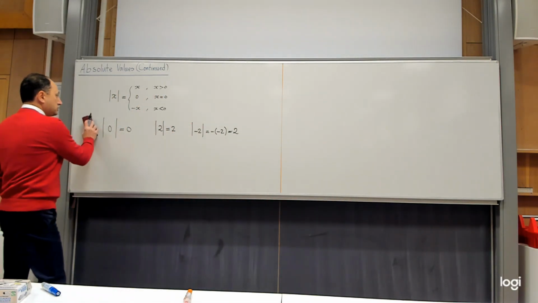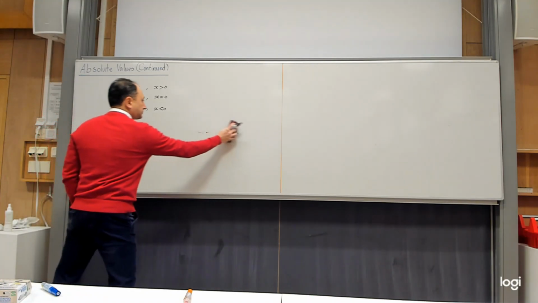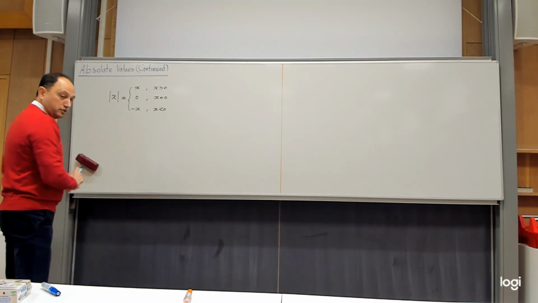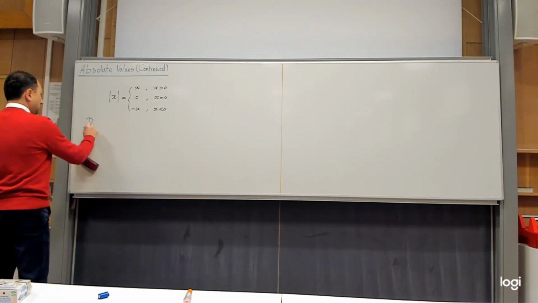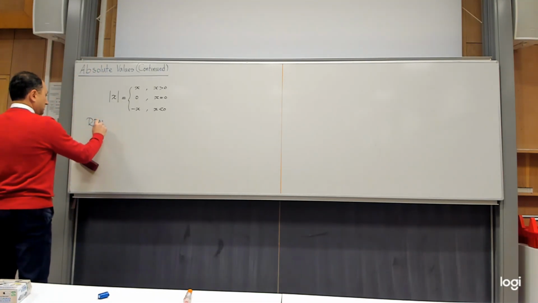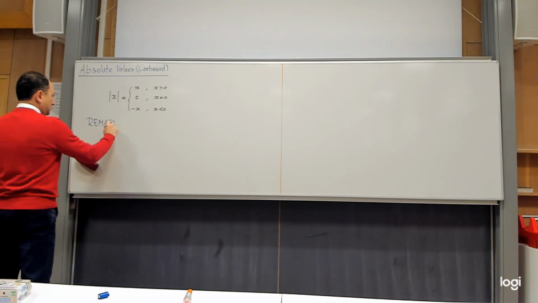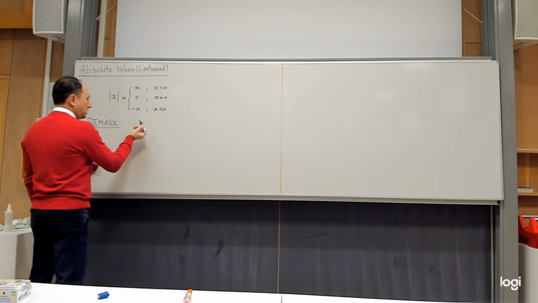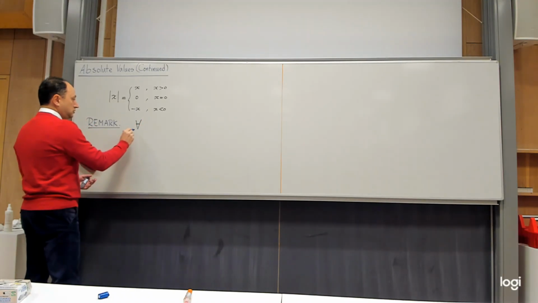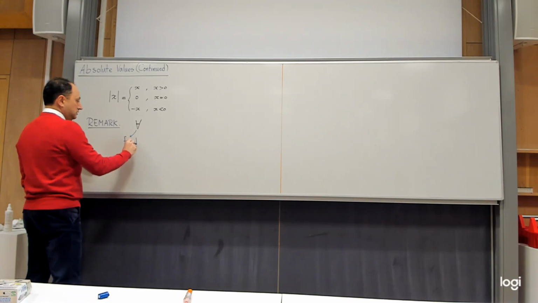So let me just write you a remark. By the way, this is a symbol I want to use. This upside down A, I don't know, have I used this before in this class? It means for all, yes?